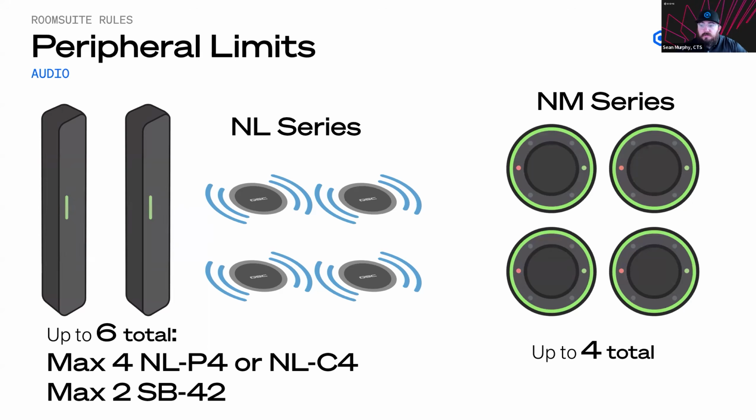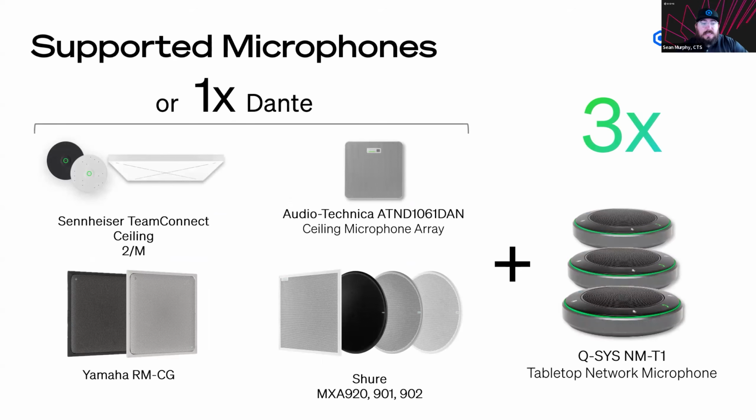However, I spoiled support for third-party mics. It is really a maximum of 4 microphones total, either 4 NMT1s or 3 NMT1s, and 1 Dante-enabled ceiling microphone. So the RMP 100 actually supports a single Dante stream in and out.